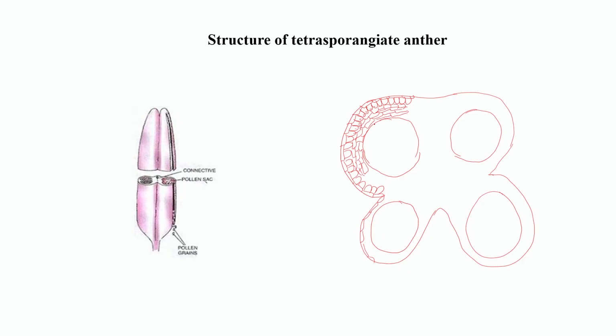And this microsporangia will finally be surrounded by a layer of cells which will also be slightly bigger in size, and I will tell you what their names are. Inside this you will see a lot of microspores or pollen grains. So in this way, these wall layers will be present around each microsporangium.